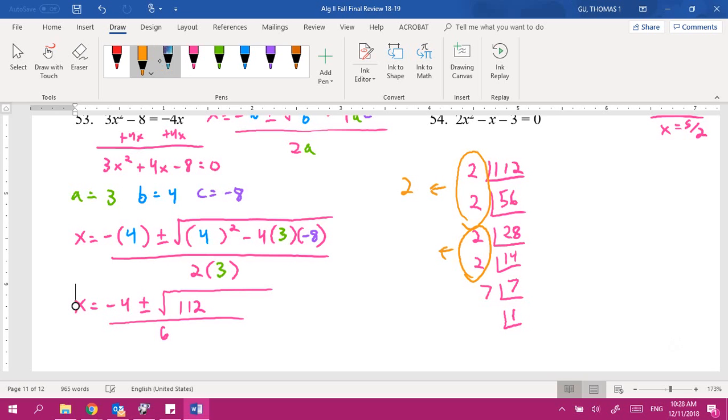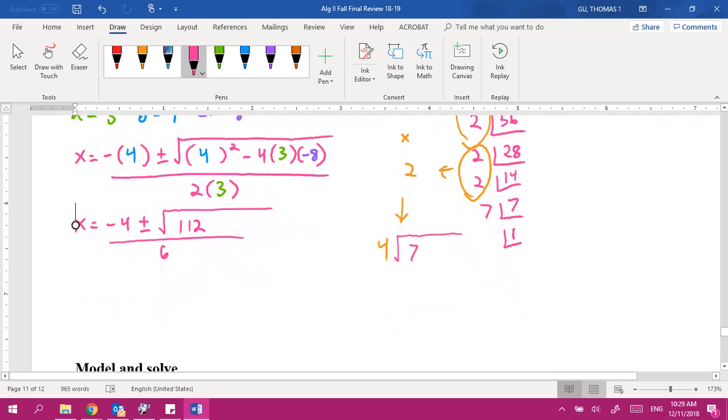This pair of 2's comes out as a 2. All the numbers that were paired up like that we can pull out, we're going to multiply them together. So we got 2 times 2. What's that? 4. And what number did we not pair up? So that goes inside the square root. So 4 square roots of 7 is the square root of 112.